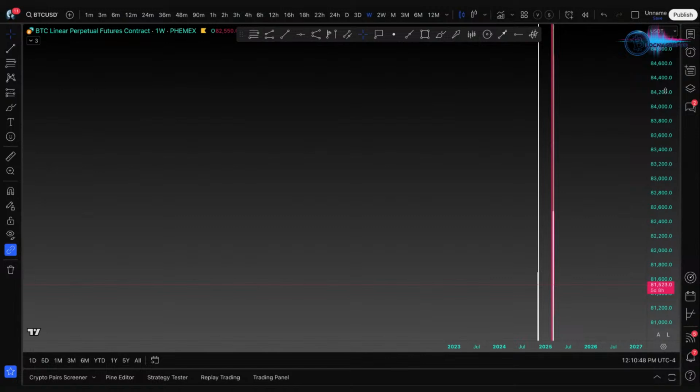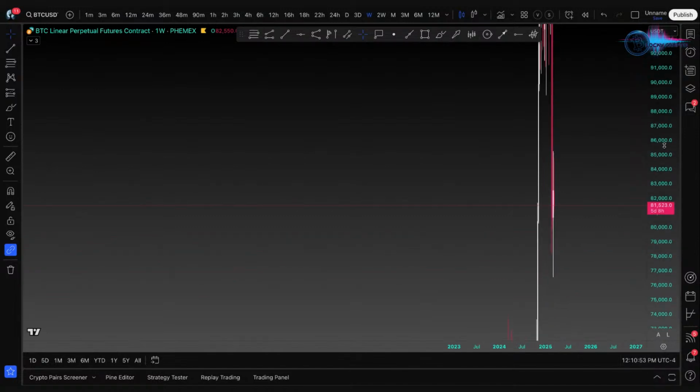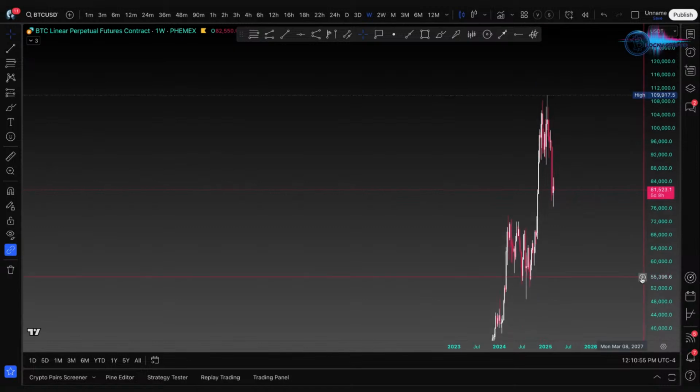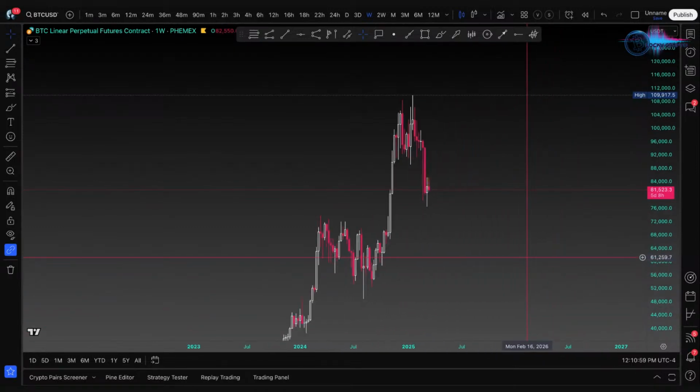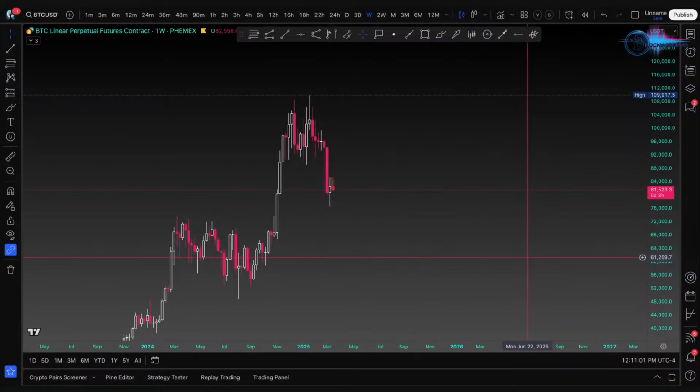All right. Start on the weekly. Bitcoin's still holding some pretty key zones. I wanted to come down here and fill this imbalance fully, but we'll see what happens.